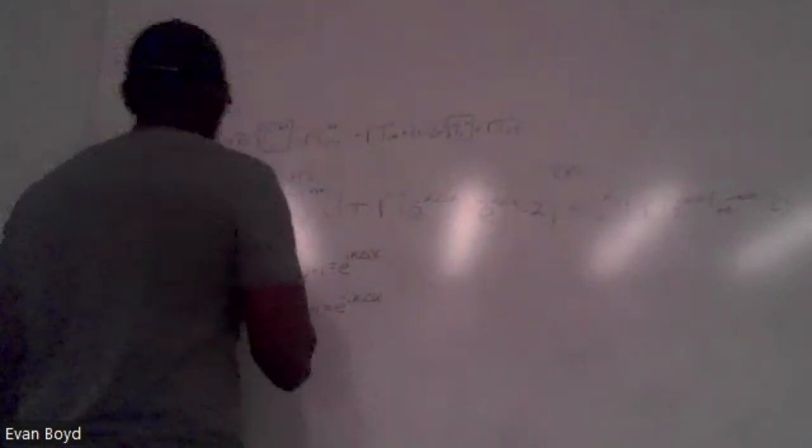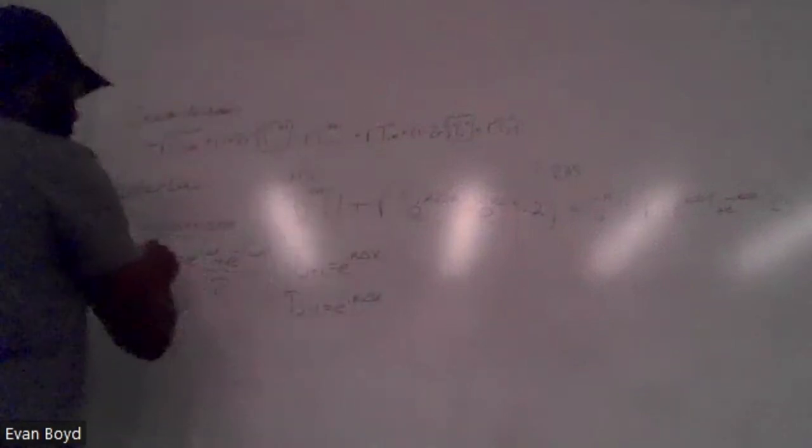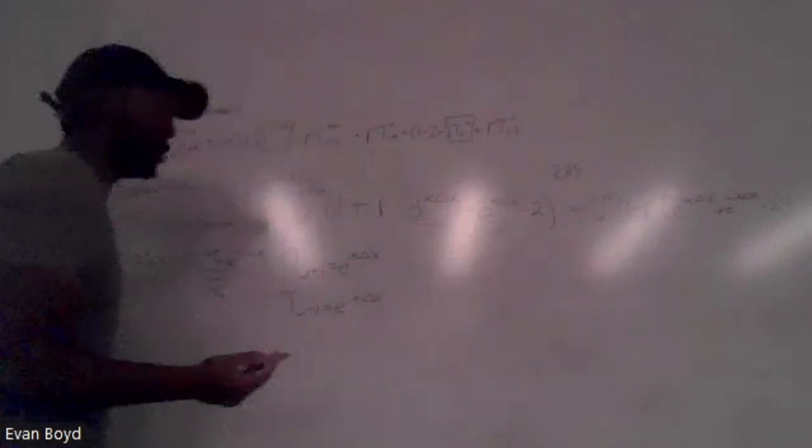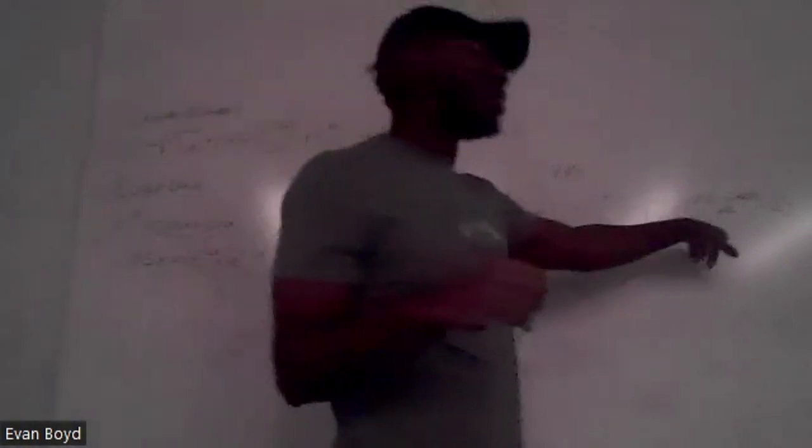Now, if you remember, as we stated here, this term is equal to 2 cosine. So we can plug in cosine of k delta x for both the left-hand and right-hand sides.